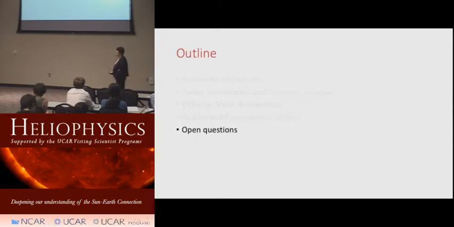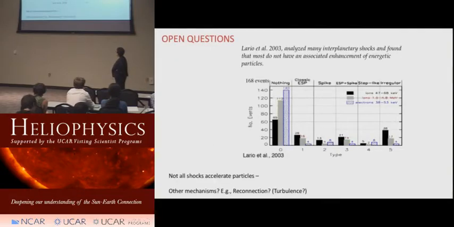Some open questions, really quick. You look at papers. There is one famous one here by David Lario in 2003. He looked at lots and lots of interplanetary shocks and found that most of them do not have enhancement of energetic particles. So why is that? Not all shocks accelerate particles. I also told you about the termination shock.